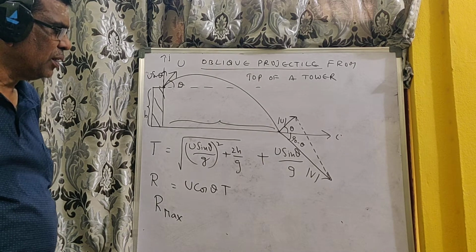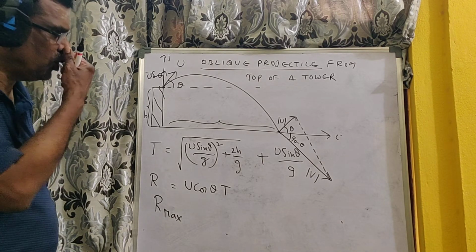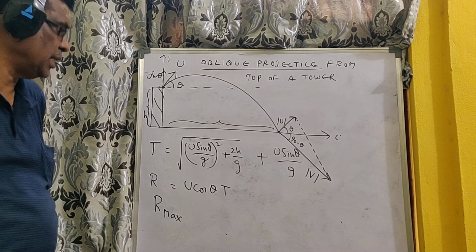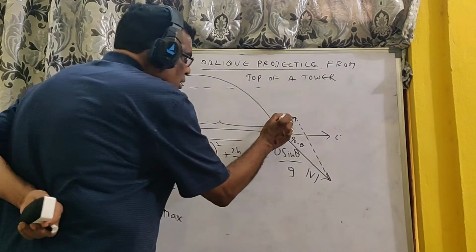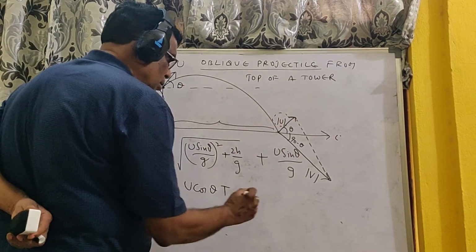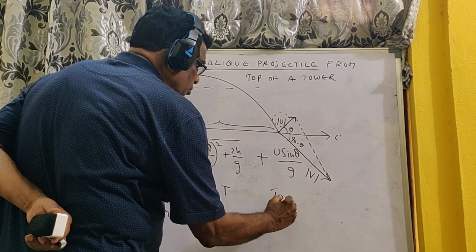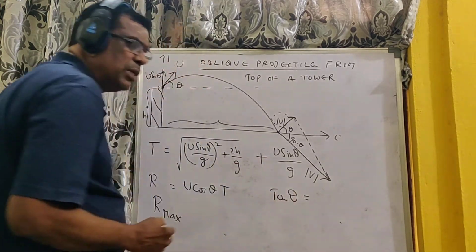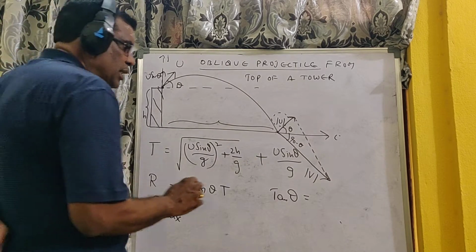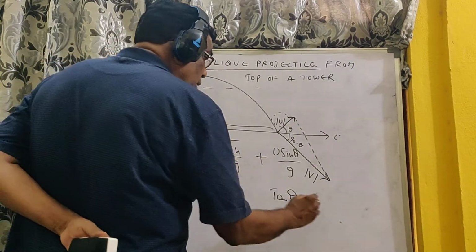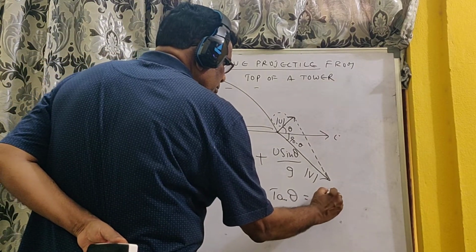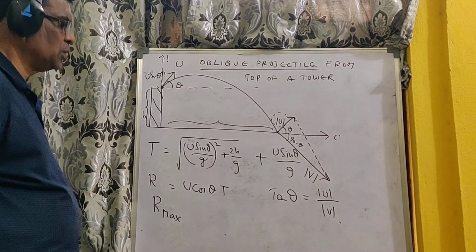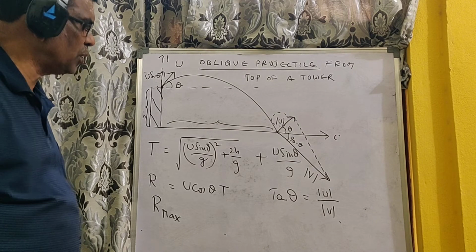Now, if somebody would ask you, as we have done in the previous case, at what angle you should project? The tan theta must be such that tan theta should be equal to mod u by mod v.